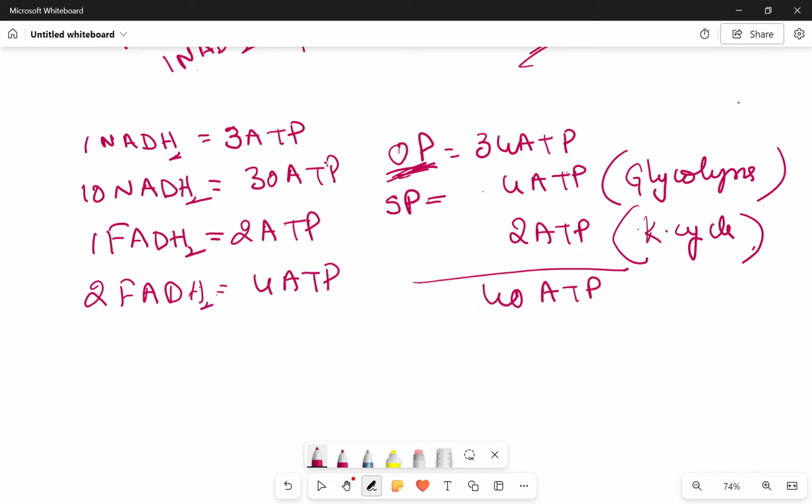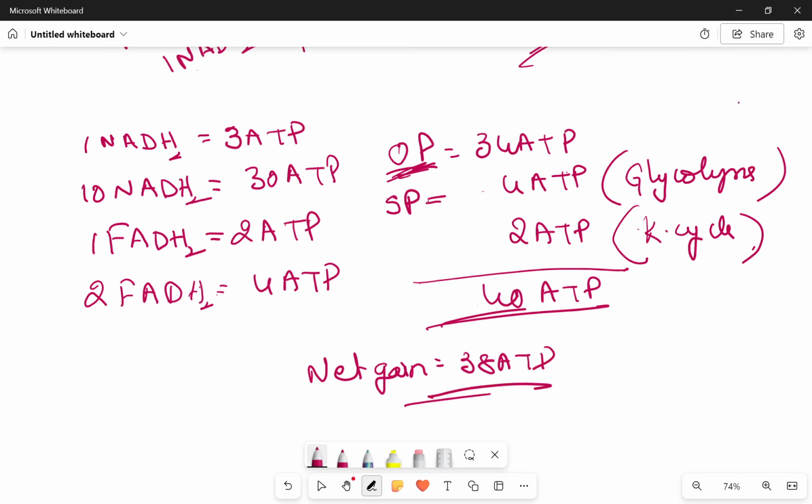Total how many ATP now? 40 ATP. But net gain is 38 only because in glycolysis 2 ATP are utilized. So net gain of ATP is 38 ATP.